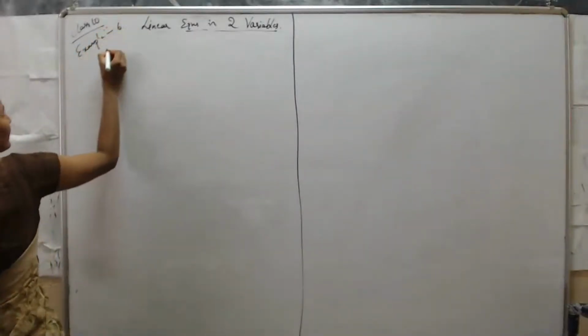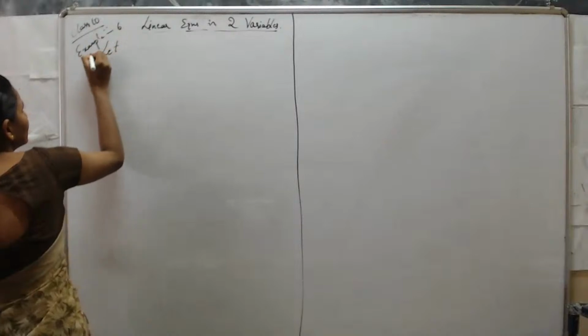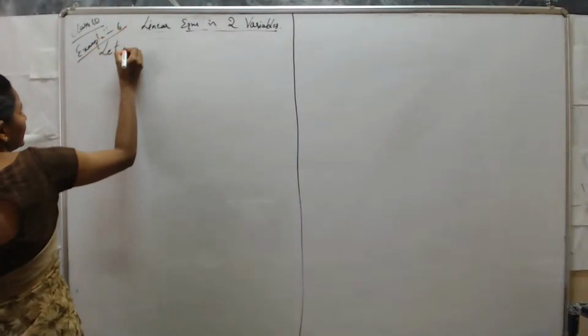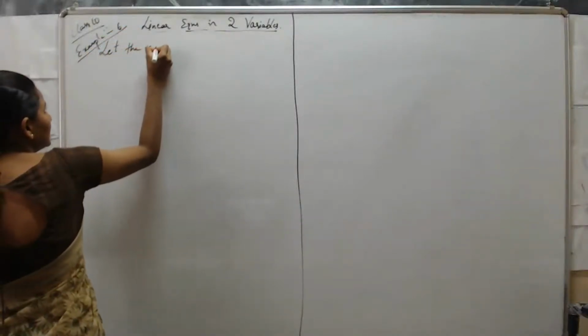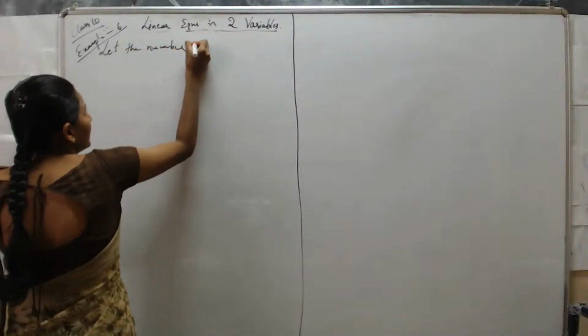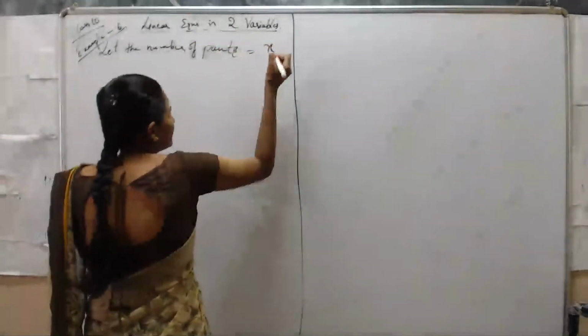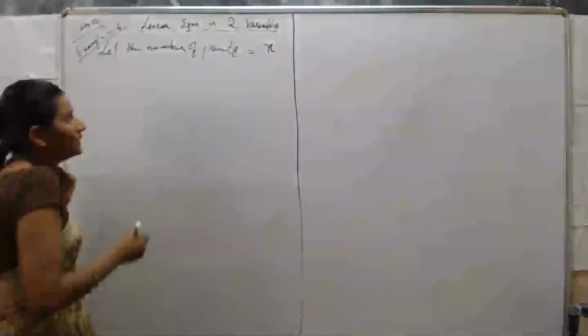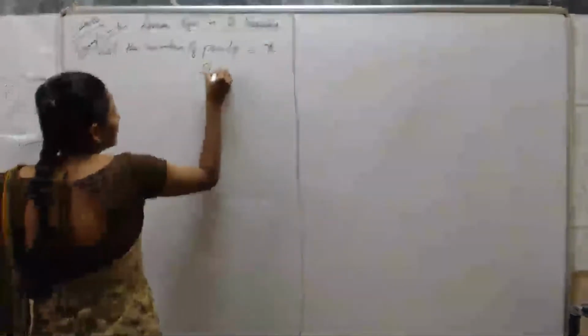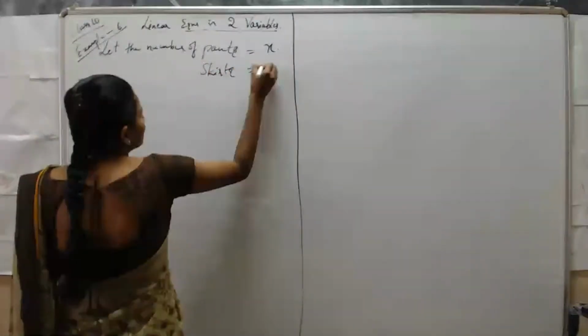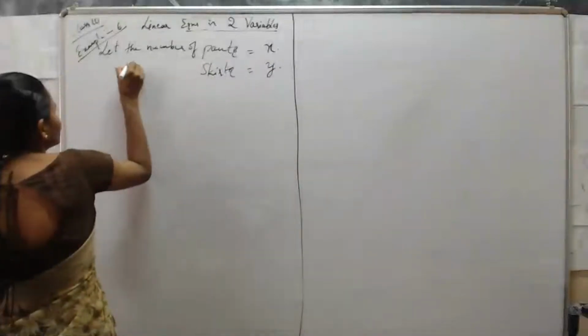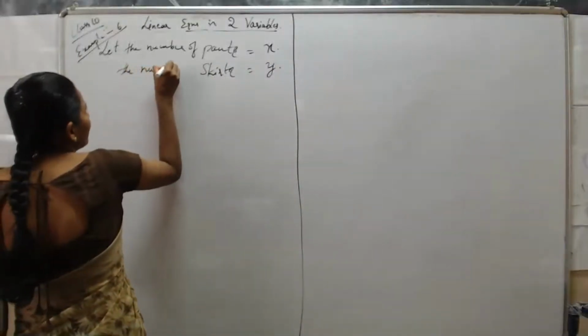Example 6. Let the number of pants be x. Let the number of skirts be y.